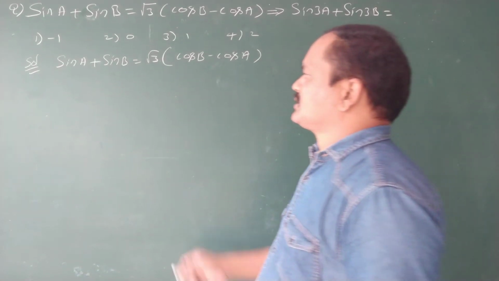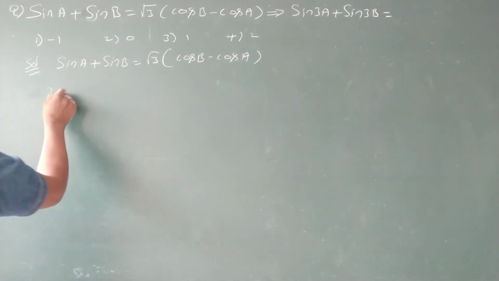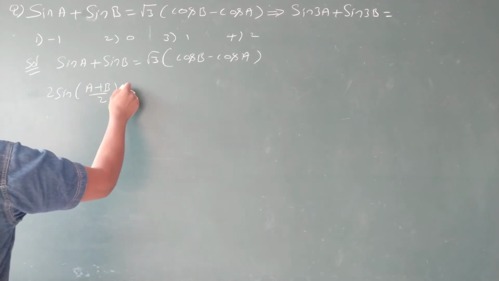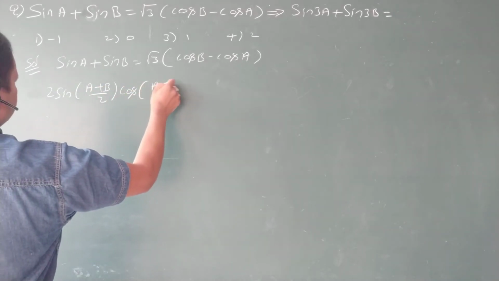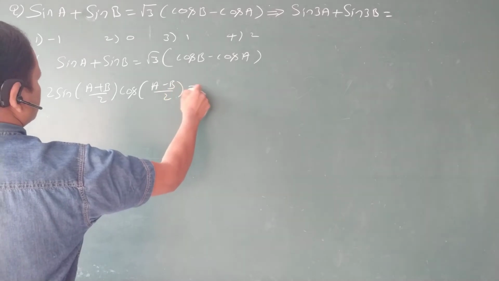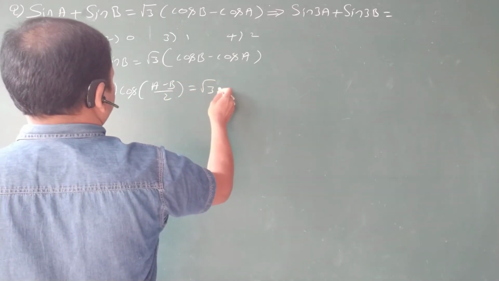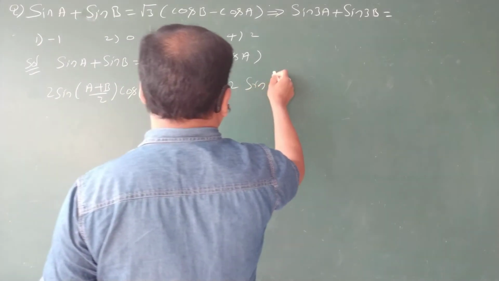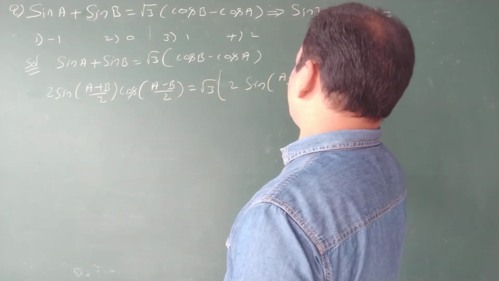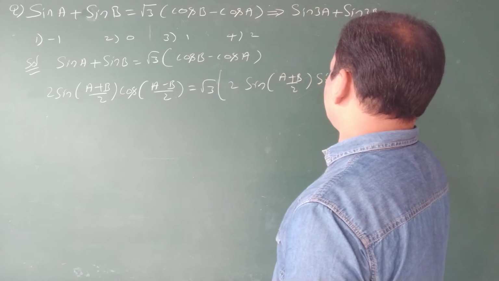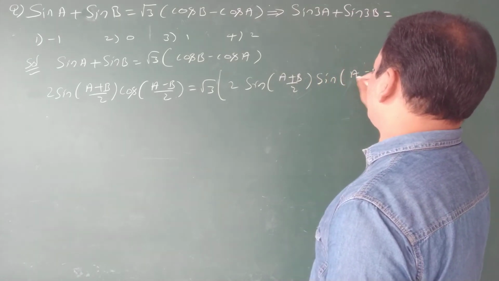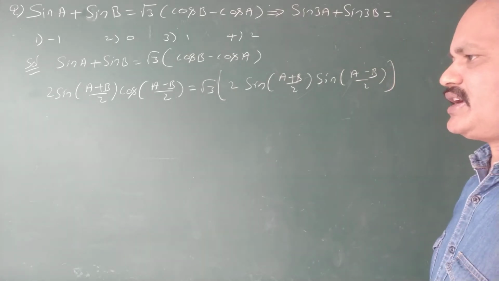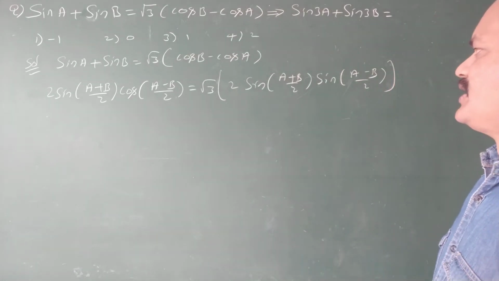Now here 2 sin A plus B by 2 cos A minus B by 2 is equal to root 3 times, again 2 times sin A plus B by 2 sin A minus B by 2, since cos C minus cos D is nothing but 2 sin D plus C by 2 sin D minus C by 2.